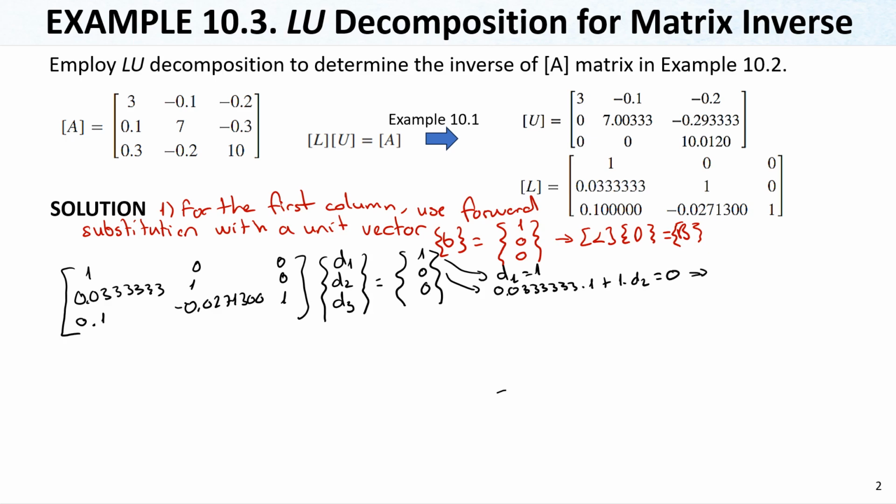Then D2 is minus 0.033333. And from the third one, 0.1 times D1, which is 1, minus 0.02713 times D2, plus 1 times D3 is equivalent to 0. Then D3 is minus 0.1009.